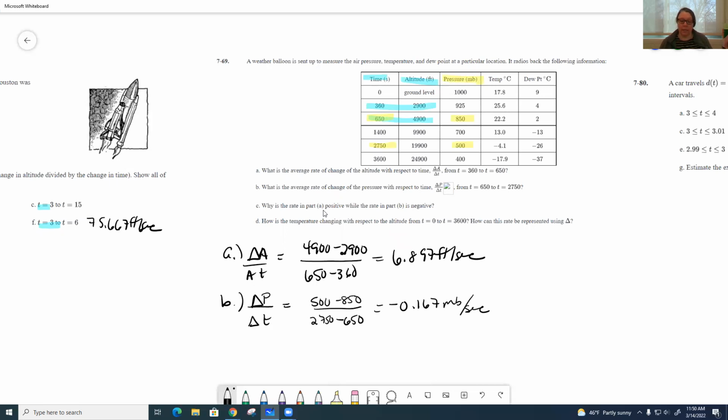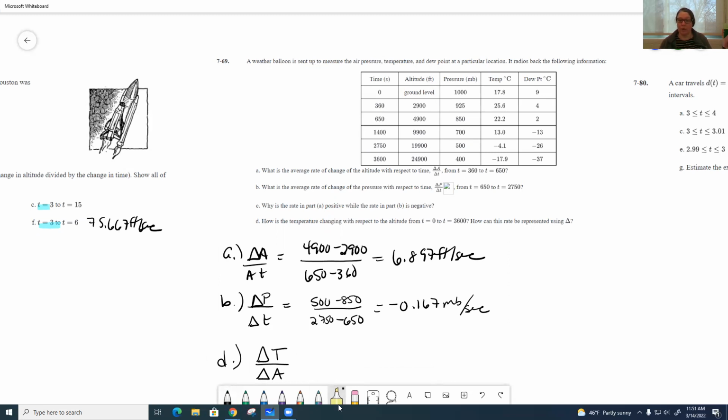Okay, and then D is asking, how is the temperature changing with respect to the altitude from time equals 0 to time equals 3,600. So now in this case, I want to know how the temperature is changing related to the altitude. So I want the change in the temperature over the change in the altitude.